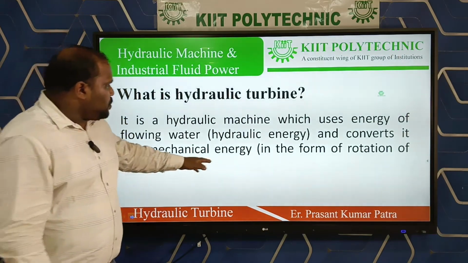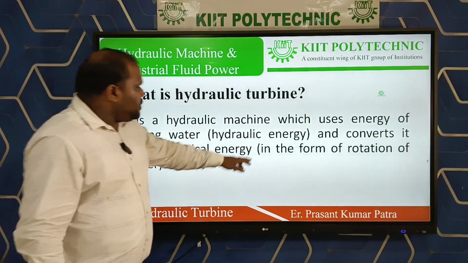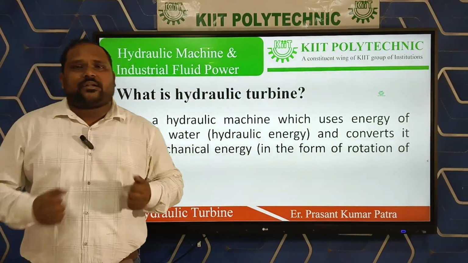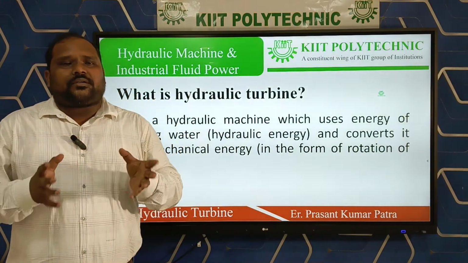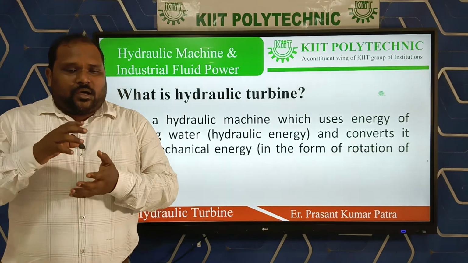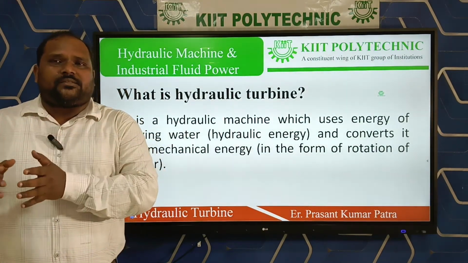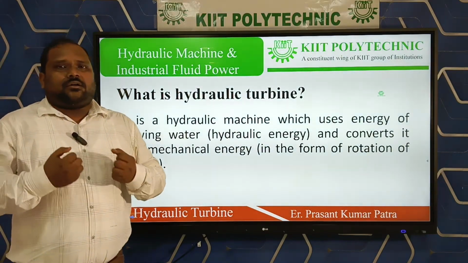And here it is mentioned that the energy that we are getting as the output is in the form of rotation of the runner. What is that runner? In a turbine there is a rotary part which houses a number of vanes in series, and those vanes carry the water.